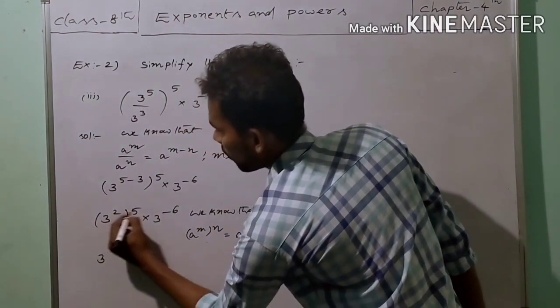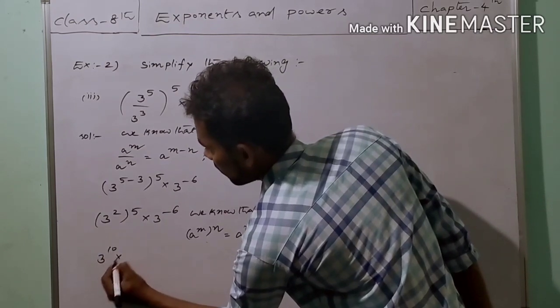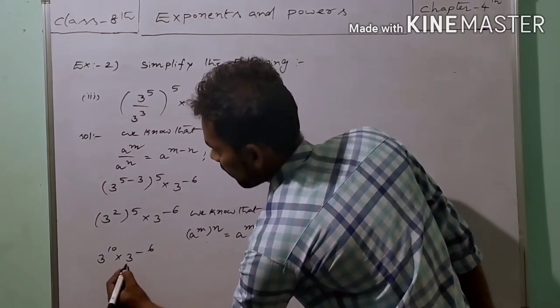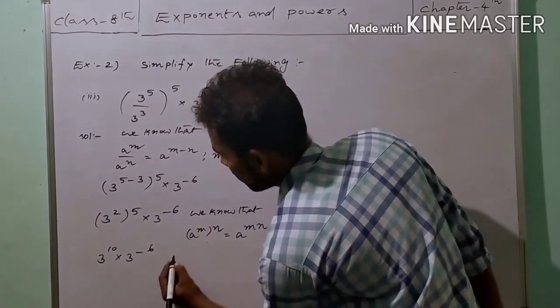3 to the 5 twos are 10, into 3 power of minus 6. Bases are equal, exponents are adding.